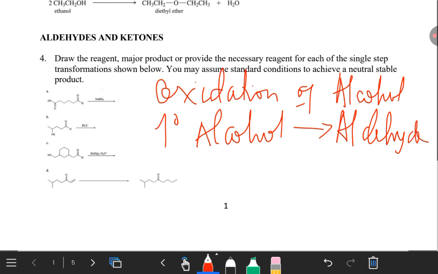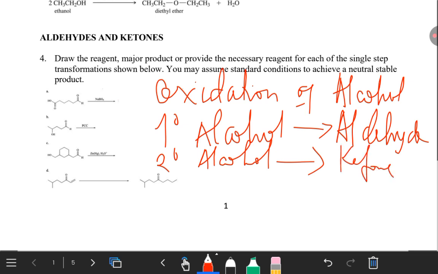So oxidation of primary alcohols forms aldehydes, then oxidation of secondary alcohols form a ketone.